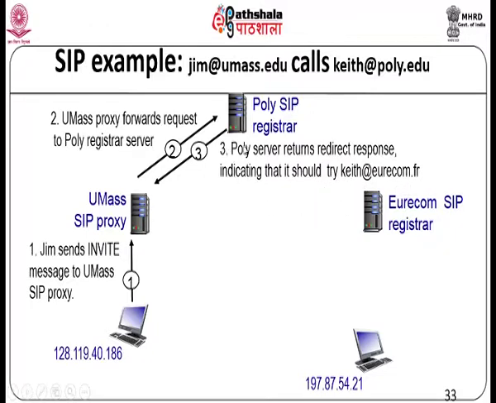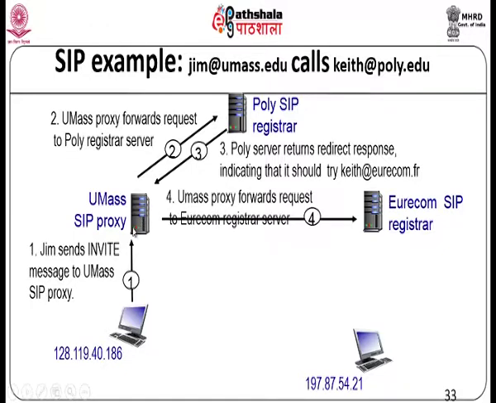So we are seeing that we have some kind of redirect information being specified here. You forwarded this request to this registrar, and he is now giving you redirection information saying, don't contact me, contact this registrar. So now the UMass proxy will send whatever invite message it got to this Eurocom SIP registrar.